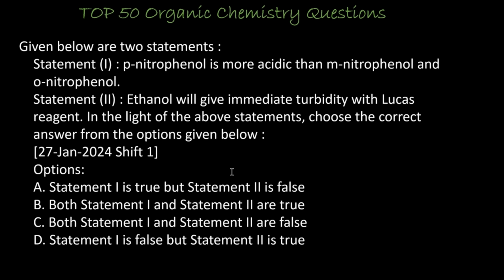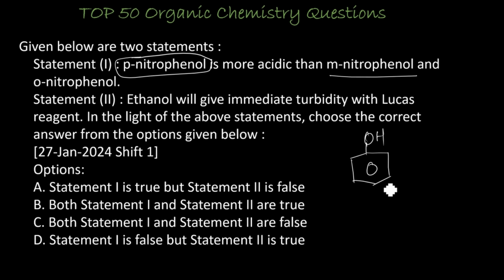Given below are the two statements. Statement 1 is para-nitrophenol is more acidic than meta and ortho-nitrophenol. And statement 2 says ethanol gives immediate turbidity with Lucas reagent. In the light of above statements, choose the correct answer. Okay, so first statement says para-nitrophenol, comparing it with ortho and meta.